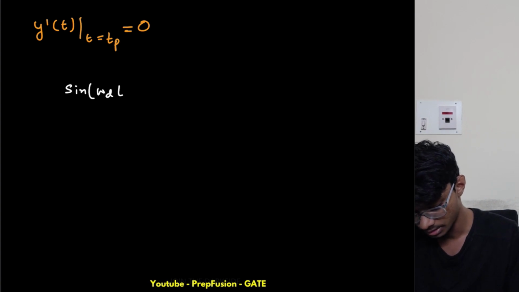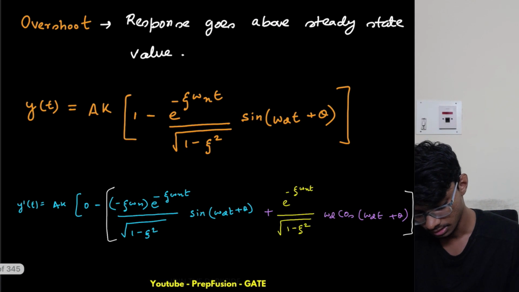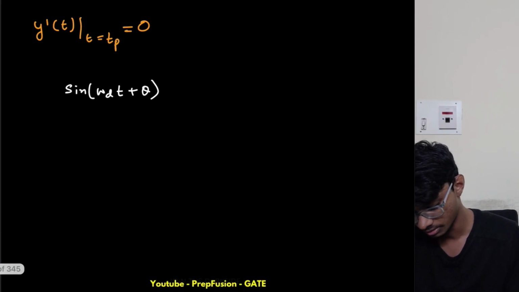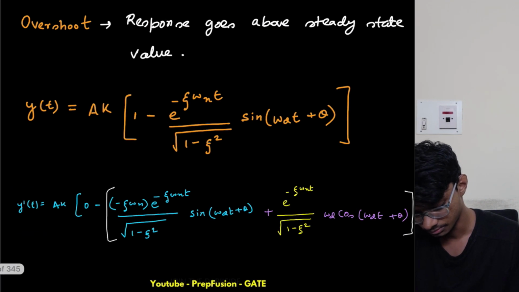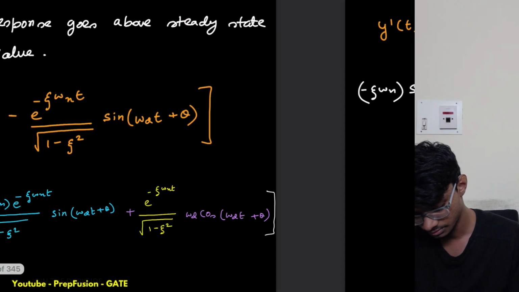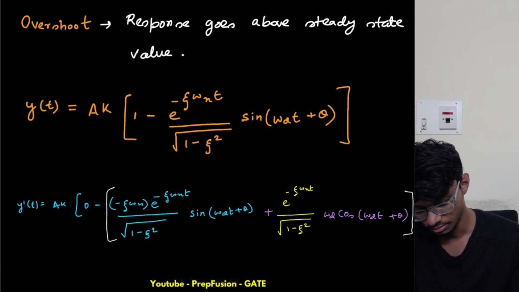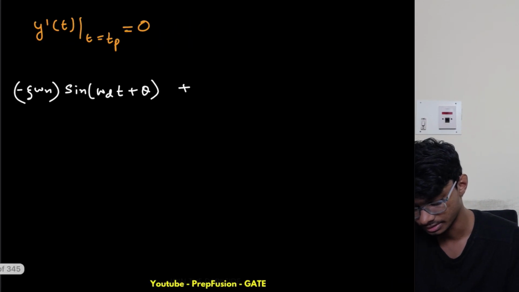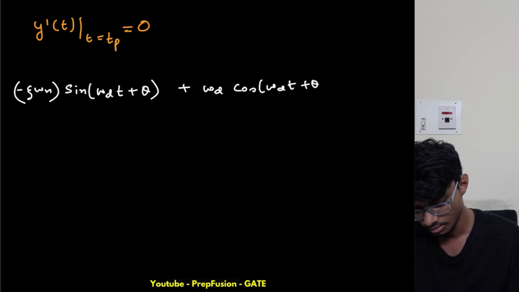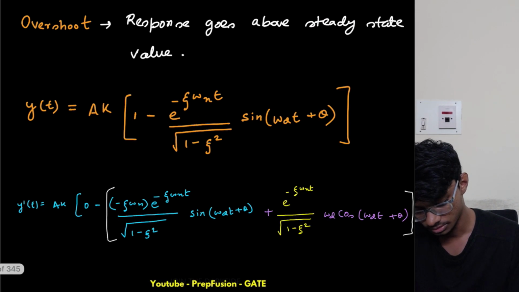sine omega dt plus theta, and I have this minus zeta omega n, plus, I don't have anything here, this is gone, but I have omega d here. So this is omega d, and this is cos of omega d t plus theta equals to 0, right?